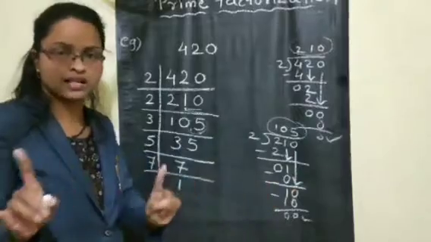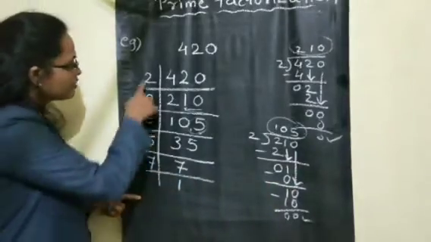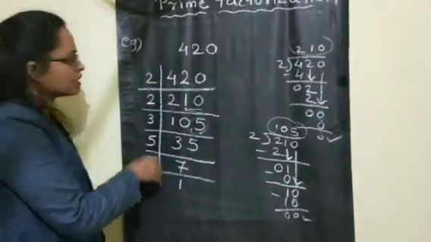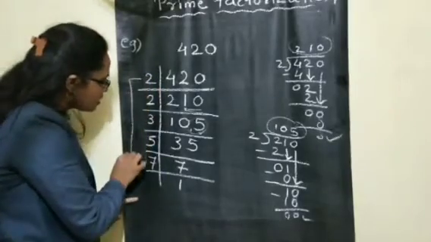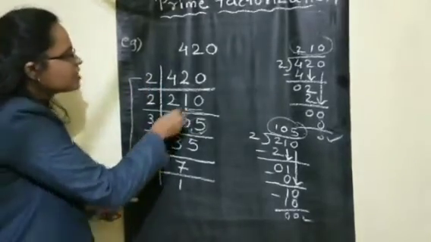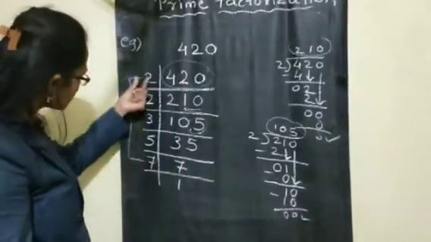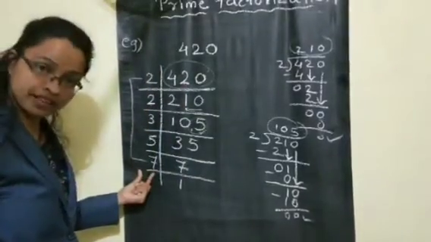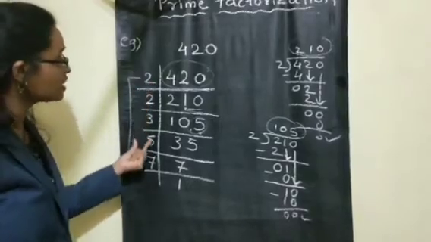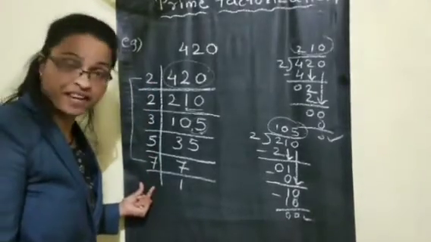That you have to understand. Now, whatever we have divided here, children, these are the factors of 420. So now understood which are the factors? These are the factors, and these are the prime numbers, prime factors.